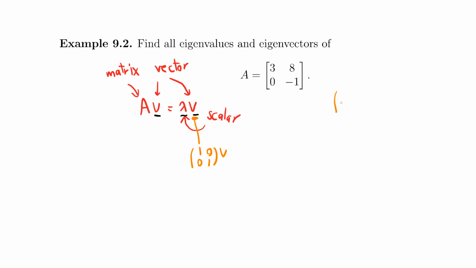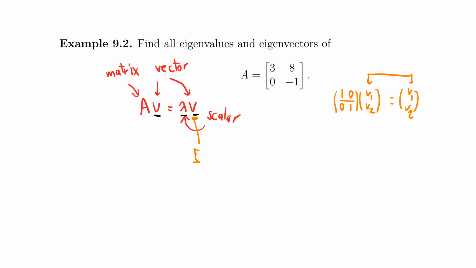Let me do it on the side here: [[1, 0], [0, 1]] times (V1, V2) just gives V1, V2, like I said. So V is the same as the identity matrix times V.